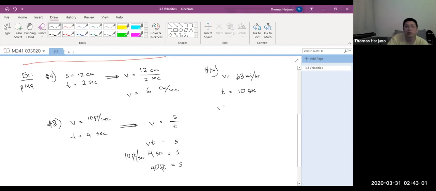The velocity equals the distance over time, such that the distance is velocity times time, right? But the thing is, the units are not the same. One of them is in hours, the other one in seconds. So I need to change either into hours or into seconds. Let me change into hours then.